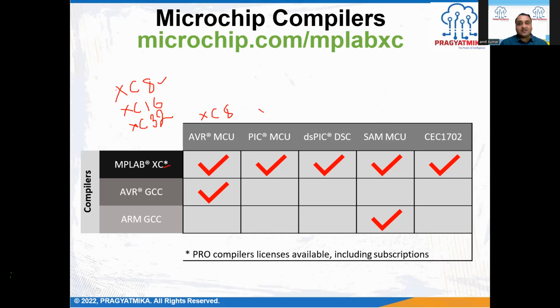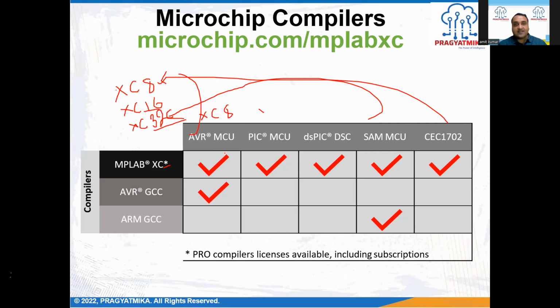For PIC 32-bit, it will be XC32. For DSP, it is the XC16 compiler. For SAM, it is the XC32 compiler. And for CEC, 8 and 32 both are there. So 16 is specifically for the DSP series. So the XC compilers have the compilation feature for all the microcontrollers.